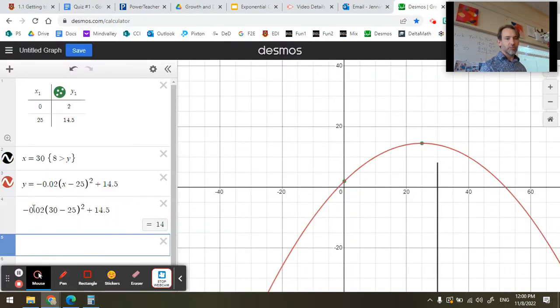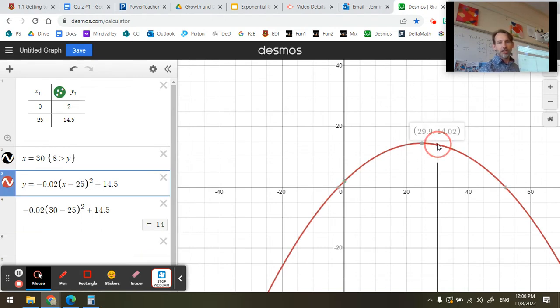So that part there is negative a half, and negative a half plus 14 and a half is just 14. When we check over here, this gives us a value of 14 feet in the air as it goes over the net. 30, 14 right there. So it's certainly over the net.